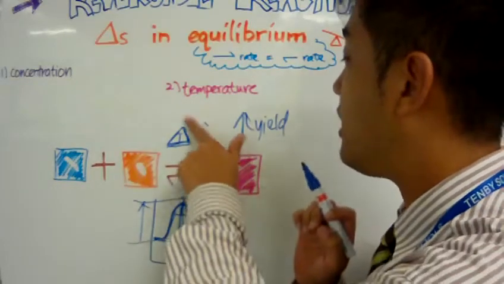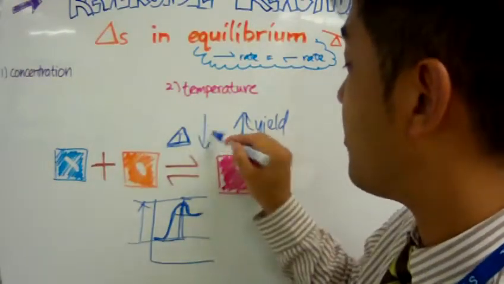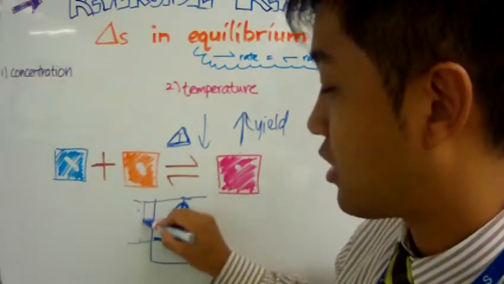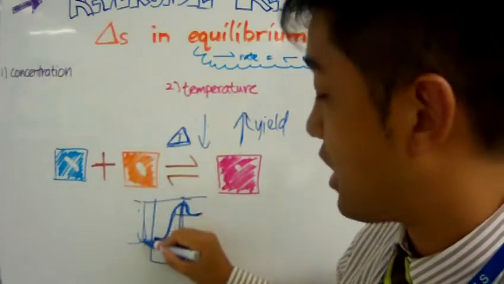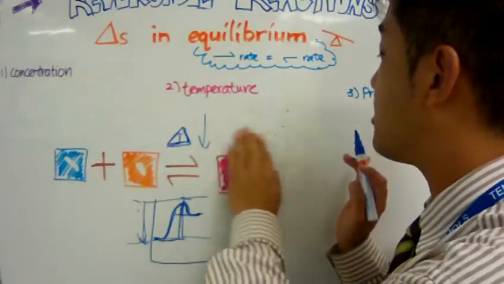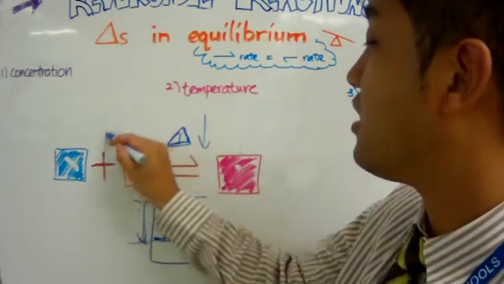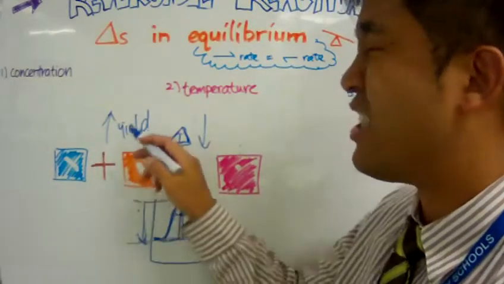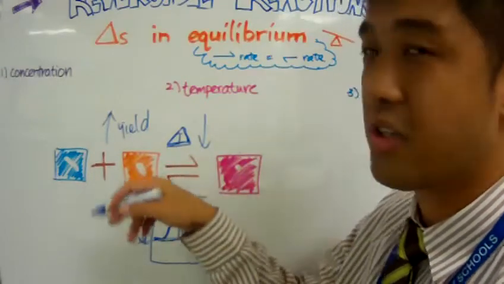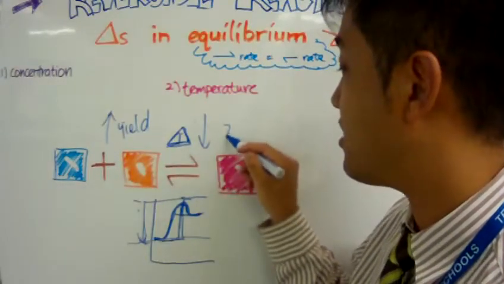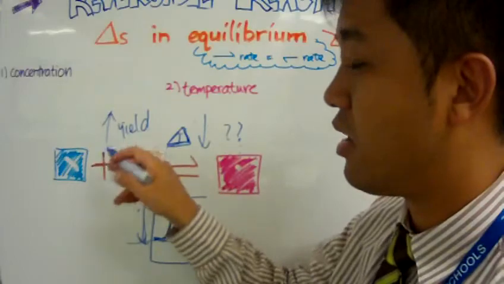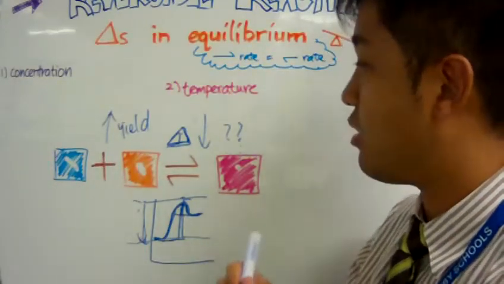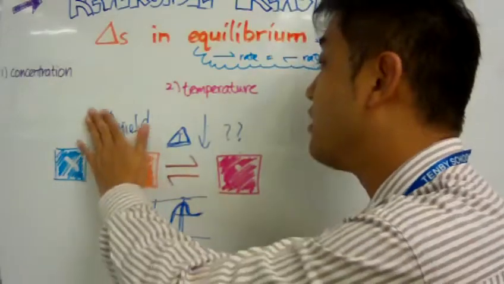Now, if we decrease the temperature, that means the energy is going to go down. What you're going to do is increase the yield of the reactants. The yield of products is just going to go down, basically. You're not going to make a lot of this; you're going to have a lot of this. Okay, so that is the effect of temperature on an endothermic system.